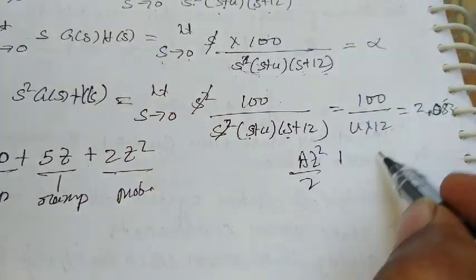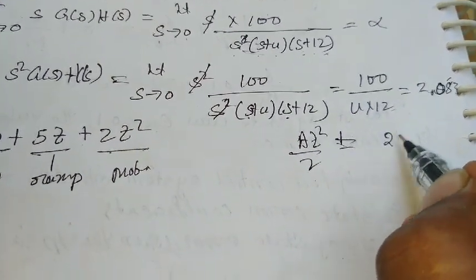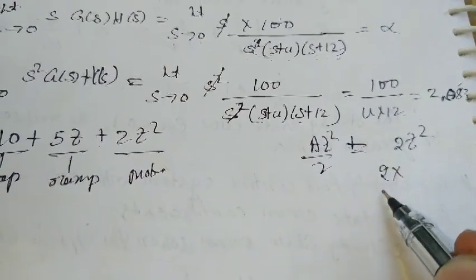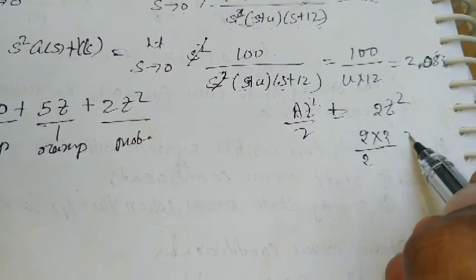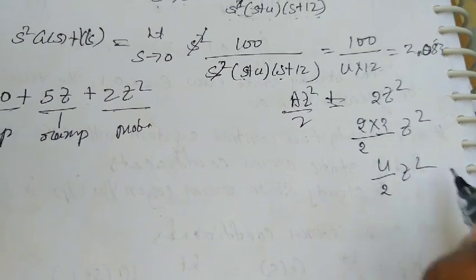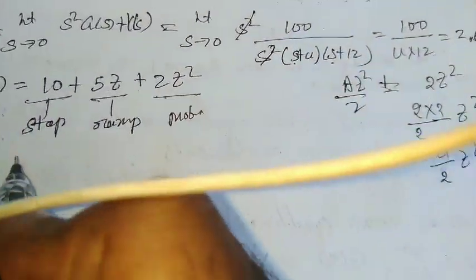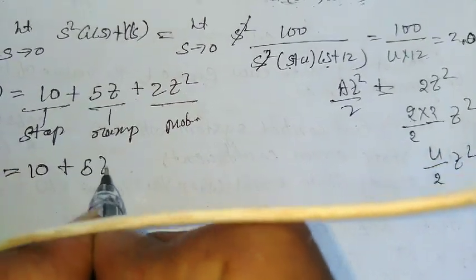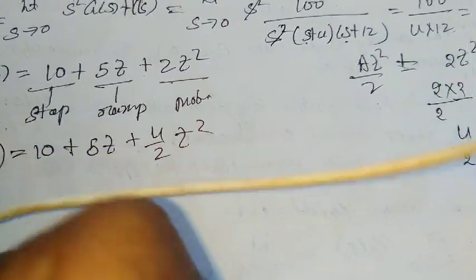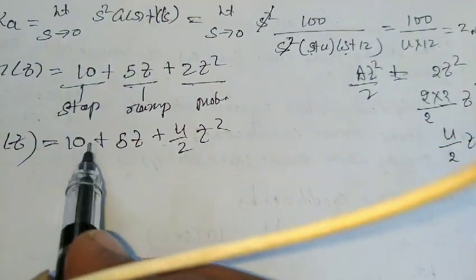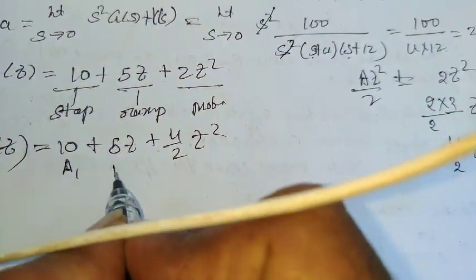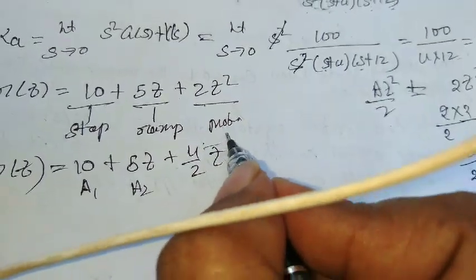To get 2t square into this form, I will multiply and divide by 2, so I get 4 by 2 t square. So I can write this as 10 plus 5t plus 4 by 2 t square. This is my input form. Comparing with my standard forms, this is A1, this is A2, and this 4 is A3.